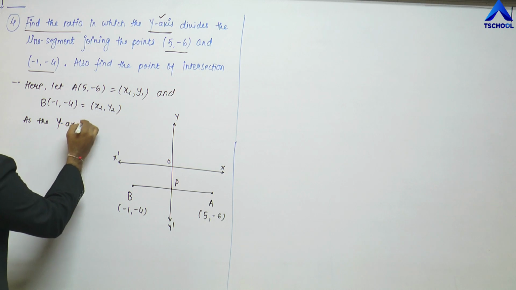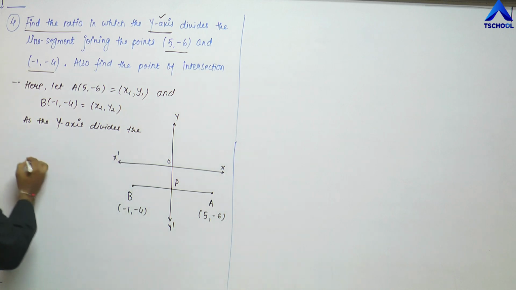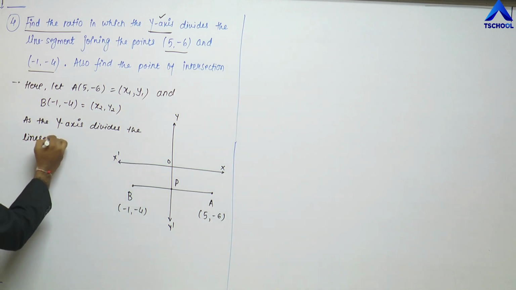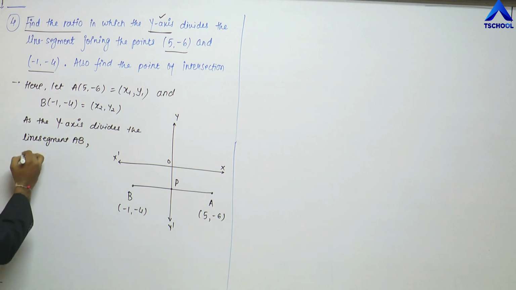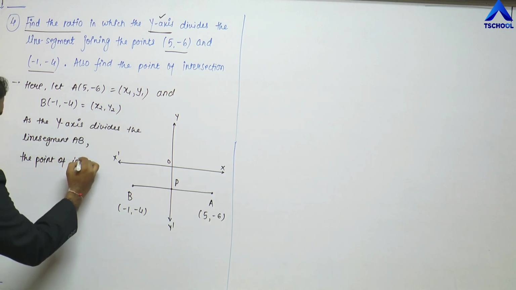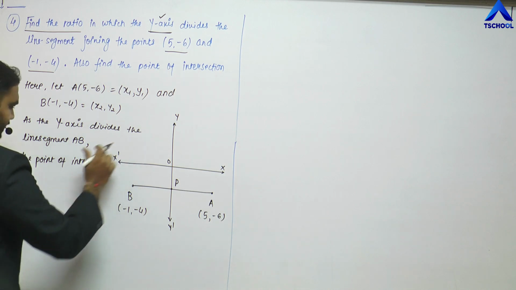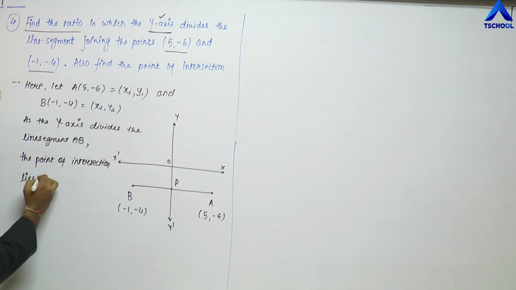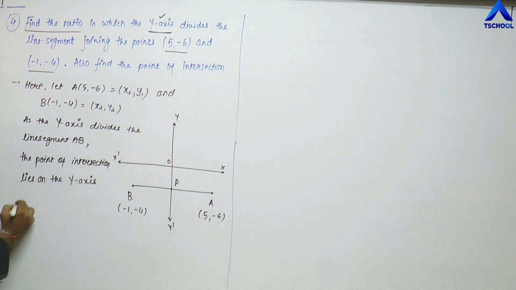As the y-axis divides the line segment AB, the point of intersection lies on the y-axis.